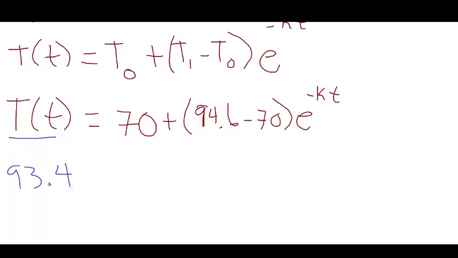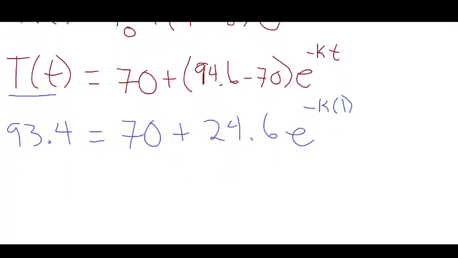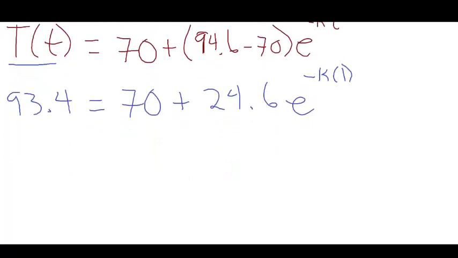That was the new temperature after 1 hour. And this is 70 plus 24.6 e to the negative kt, and that lowercase t is 1 for 1 hour. What we're trying to do next is solve for K, because we want to know the rate of change for the temperature of this body.